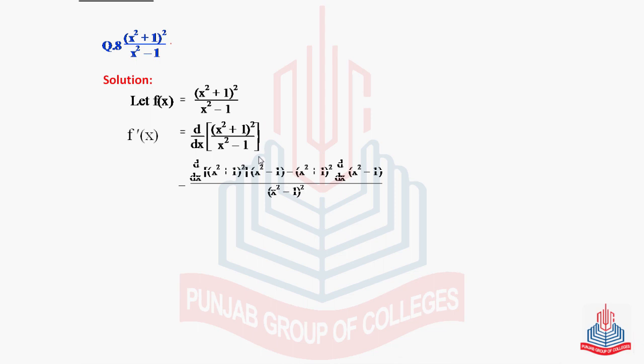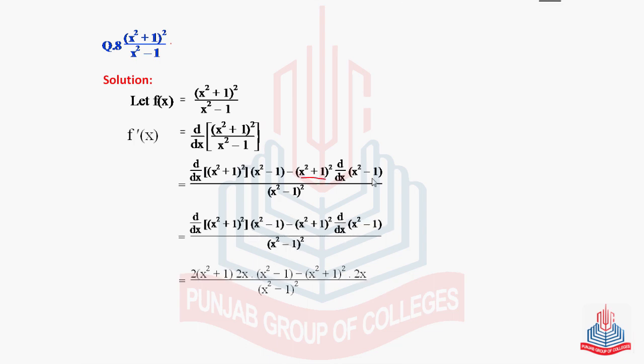The denominator will become a square, (x square minus 1) whole square, and derivative will apply on (x square plus 1) whole square, and this g of x, which is actually the denominator function, will be as it is, minus. Now f of x will be as it is, which is (x square plus 1) whole square. d/dx will apply on x square minus 1.